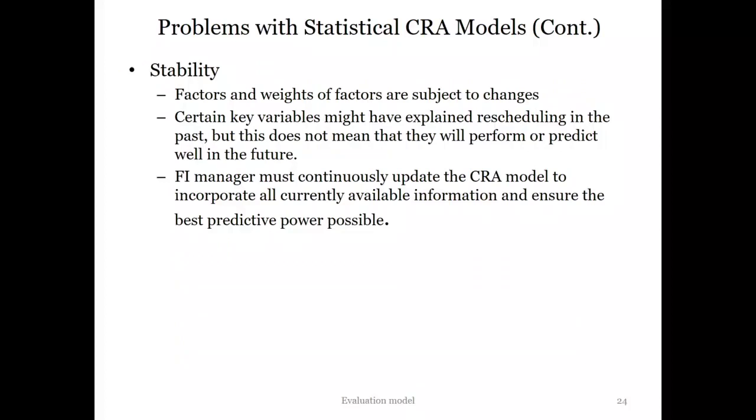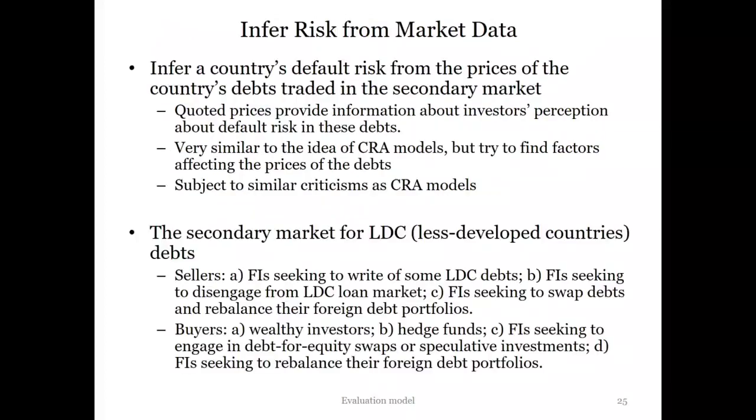So this one is talking about how if we have an estimated model, you need to be aware that those coefficients change all the time. And actually, we've talked about this before when we talked about the credit scoring model. So a little bit more: we can actually infer a country's sovereign risk from market data as well.